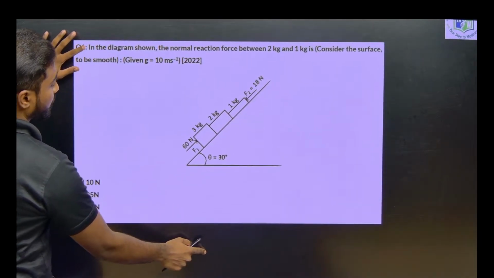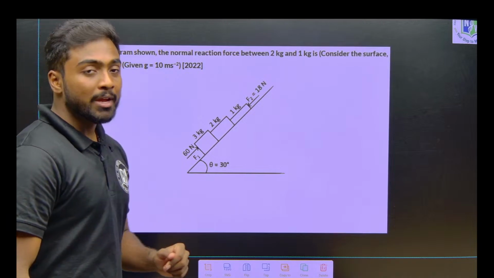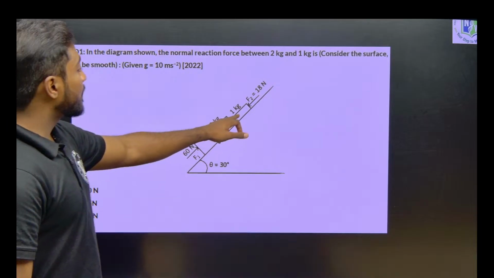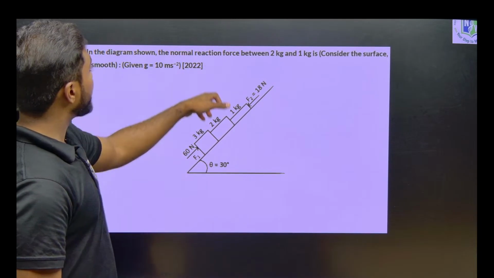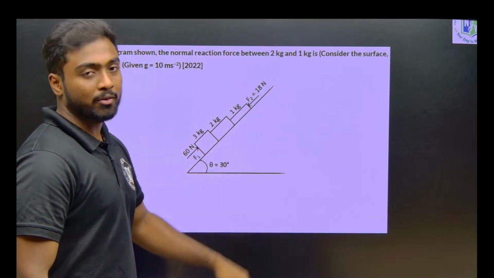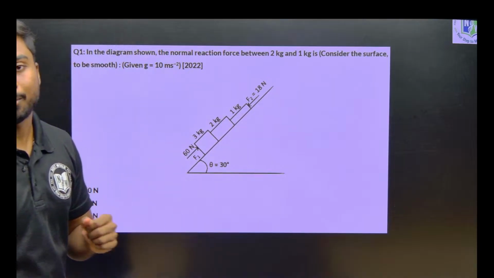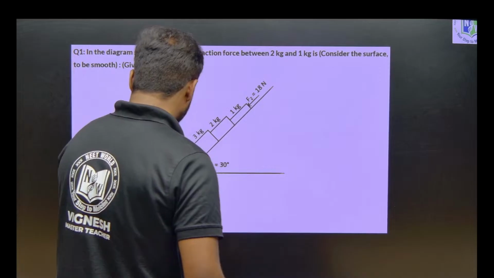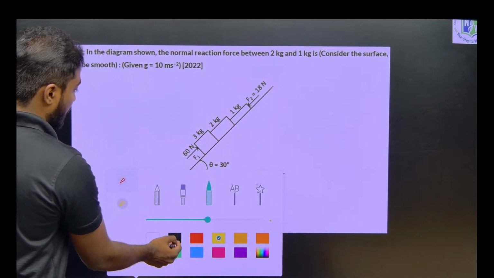In the diagram shown, I need to find the normal reaction between the 2 kg and 1 kg blocks, not between the surface and the block, but between the blocks. So first, I should take the components.